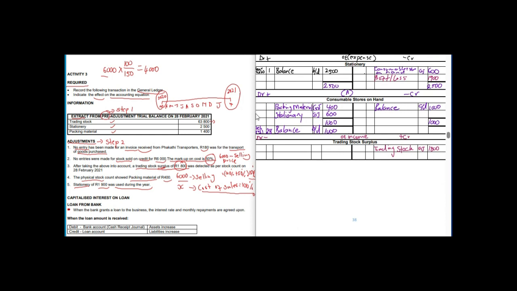Then we go to our last account, which is trading stock surplus. We are going to look at the bigger side, which is our credit side, 1,800.